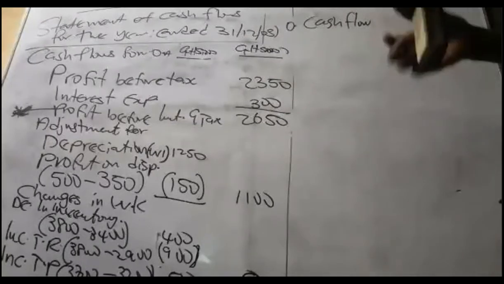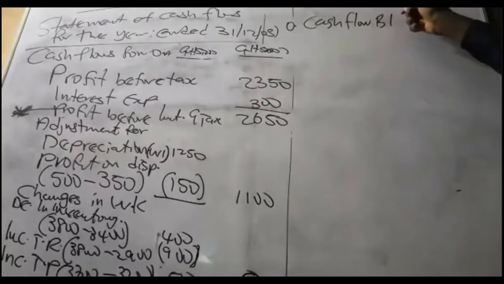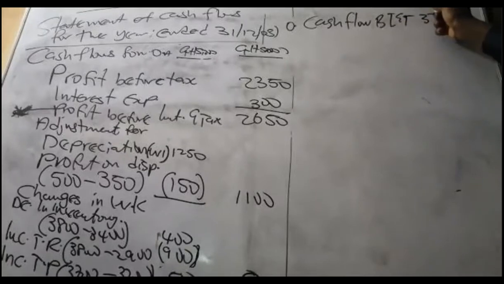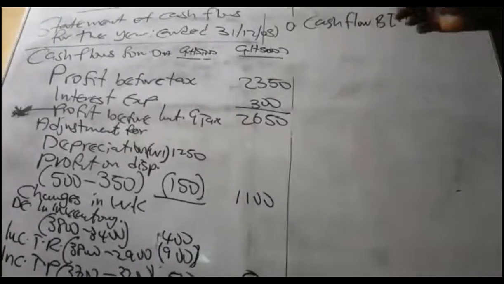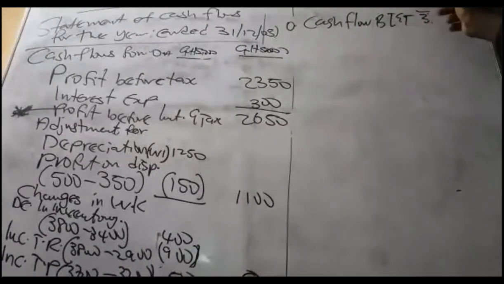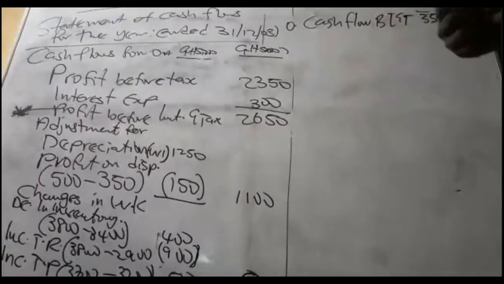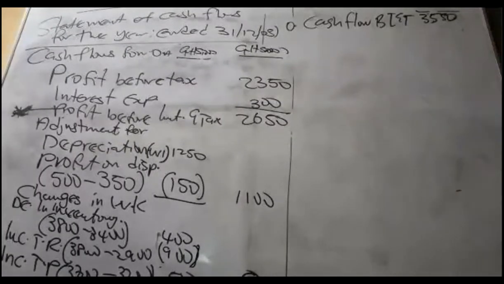So operating cash flow before interest and tax, and that figure is 3,550. Yes, so something like this. I'll put it down.